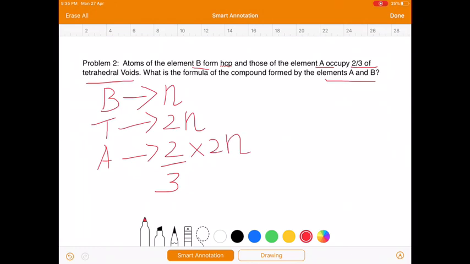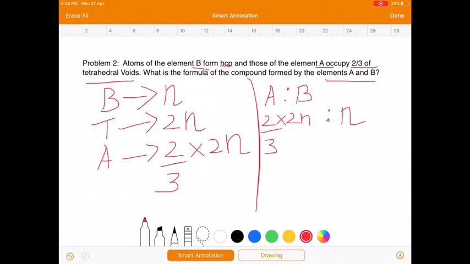Now let us take the ratio. A is to B. A is 2/3 of 2n is to B, the number of B particles will be n.